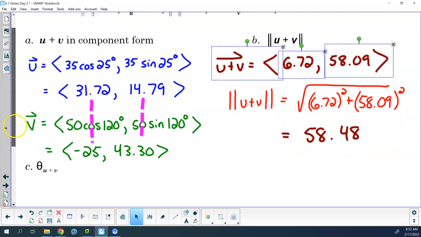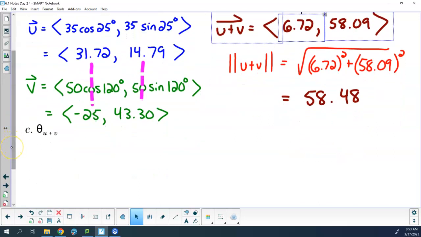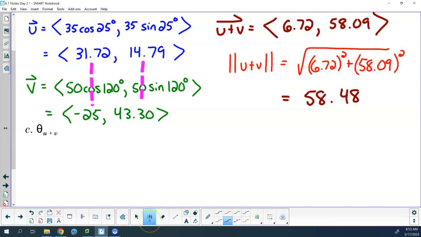Then we need to find the direction angle. I'm going to have a reference angle, even though, actually no, I won't have a reference angle because which quadrant am I in? I'm in quadrant 1 because it's positive, positive. So I don't have a reference angle. I can go right to my theta.